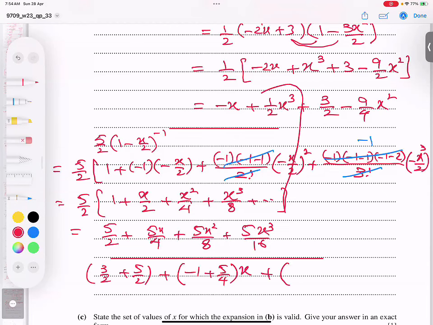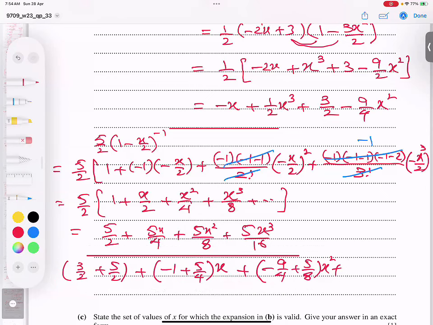Now the x squared coefficient, what is it? -9 by 4, and from here, plus 5 by 8. And now I'm going for what, students? The last, x cube. X cube is what? X cube is half from here, and this 5 by 16. So I'm writing here half and 5 by 16 x cube.